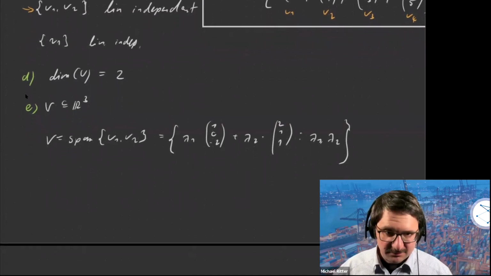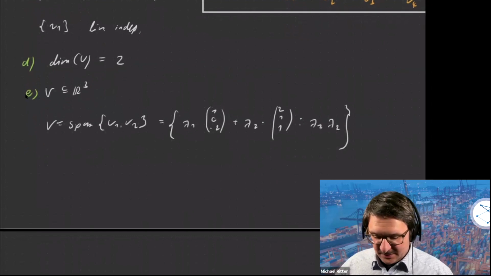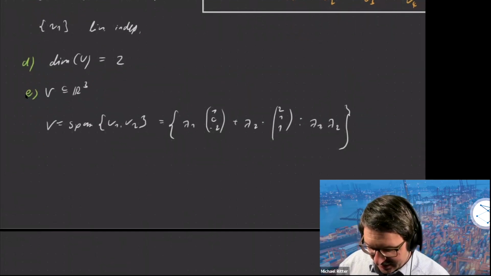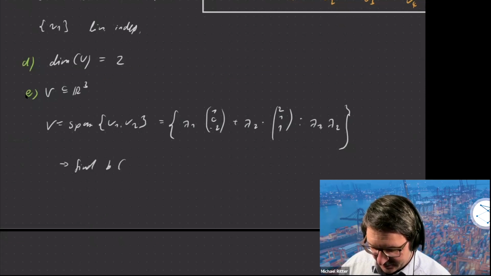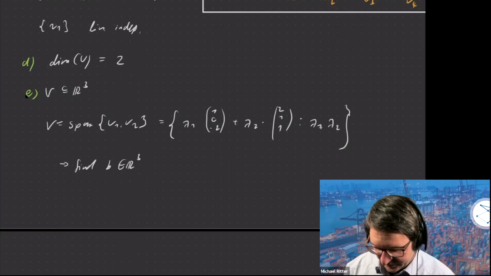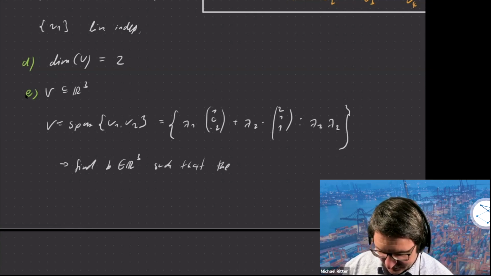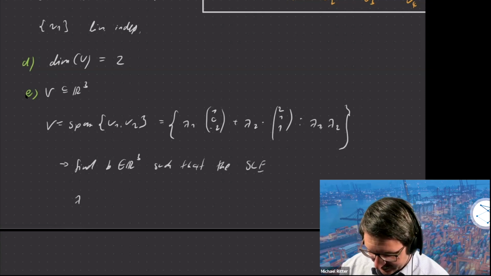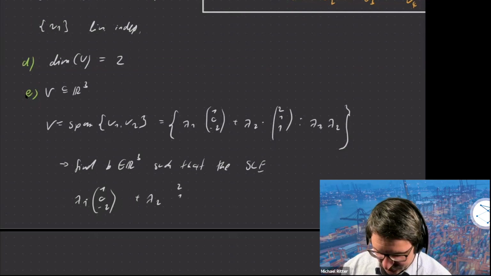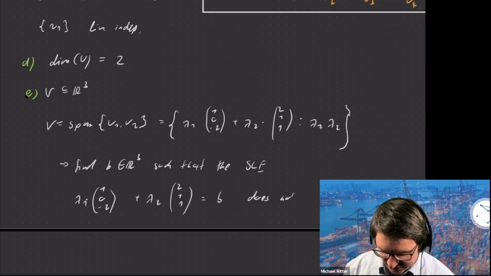How do we do that? What we want is to find some, let's call it B in R3, such that the system lambda 1 times 1, 0, minus 2 plus lambda 2 times 2, 1, 1 is equal to B does not have a solution.